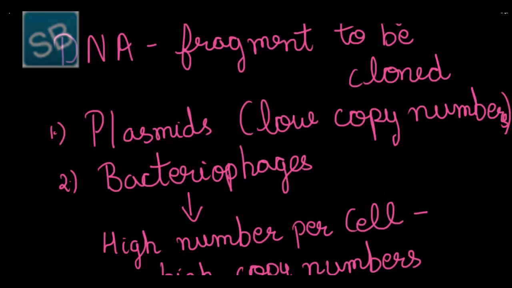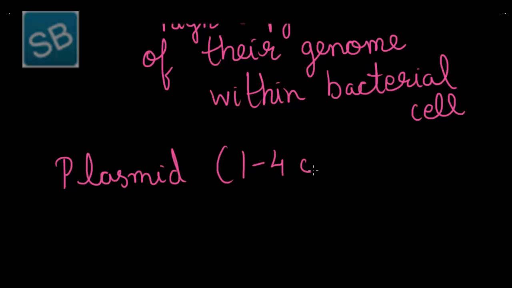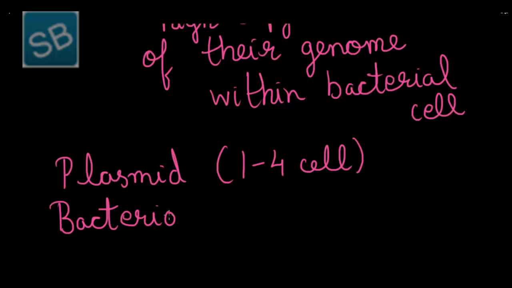The copy number of a plasmid vector may range from 1 to 4 per cell, while in the case of bacteriophages, the copy number can range from 10 to 100 per cell.